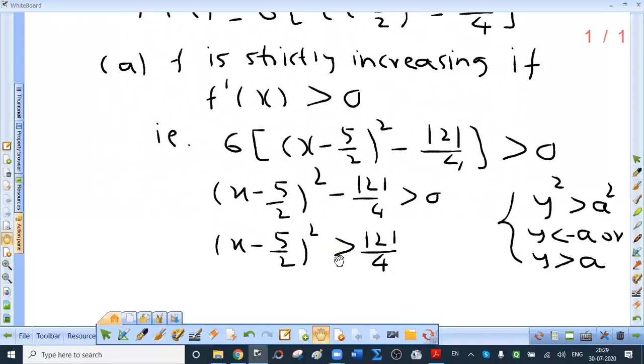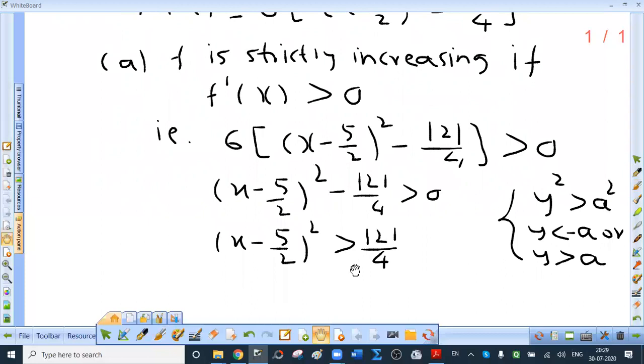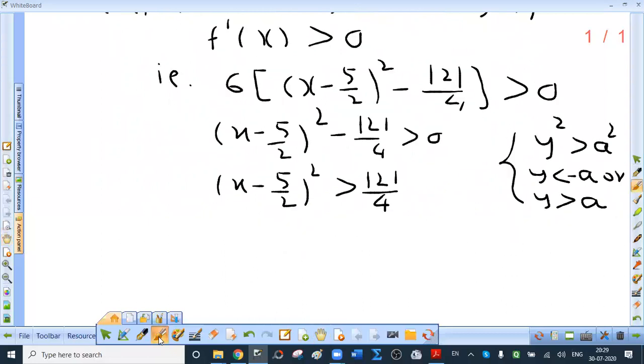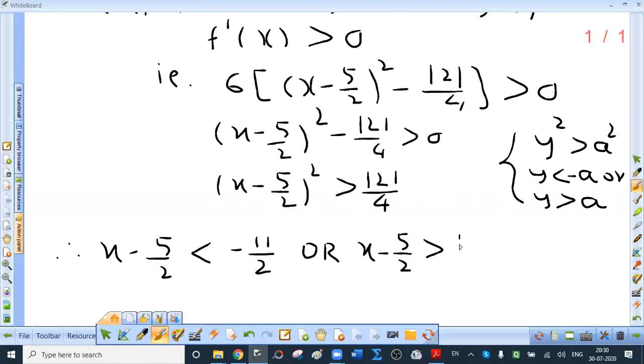I have used the variable y because here it is x minus 5 by 2. Therefore, x minus 5 by 2 is less than, what is the square root of 121 by 4? It is 11 by 2. So less than minus 11 by 2. Use the word or and not and, because simultaneous occurrence is impossible. Greater than what?